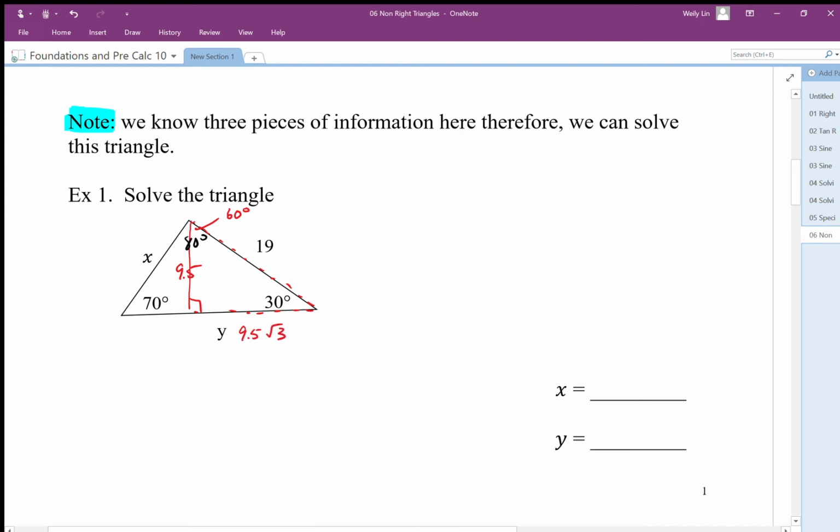The way I can figure this out is I can set up my ratio. This is going to be root 3 to 1 is going to be a to 9.5, where I'll call this length a, and then we can solve for that length of a.